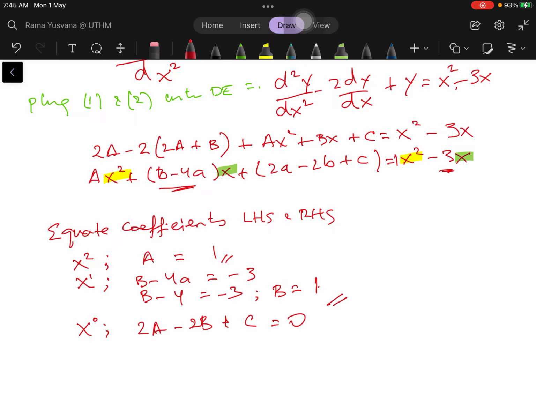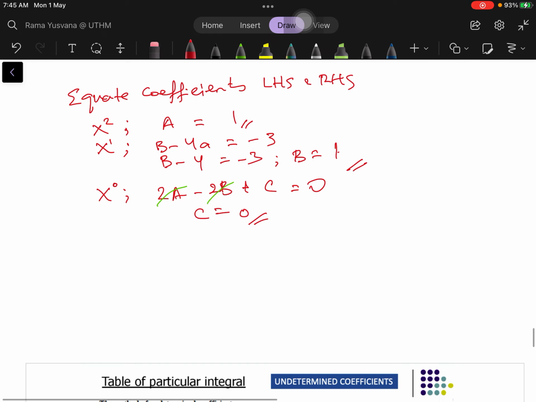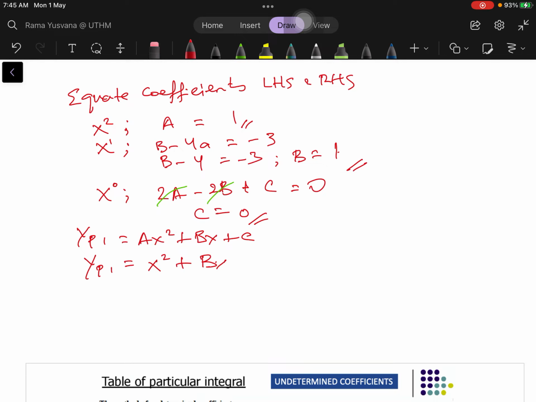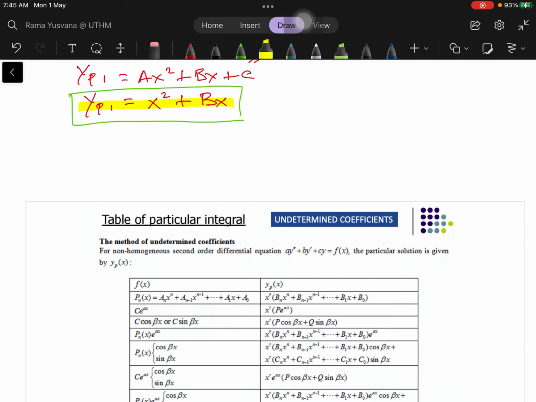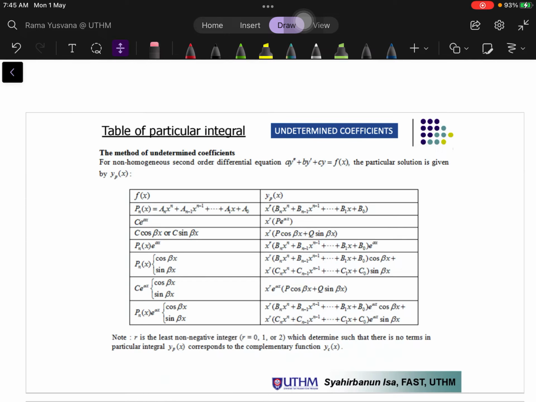Therefore we can plug directly the value of a and b. 2 minus 2 cancel each other out, and therefore c equals to 0. Therefore our yp1 equals to x square plus bx plus c equals to x square plus bx. That's our particular integral 1, which we're going to combine later with particular integral 2, yp2.